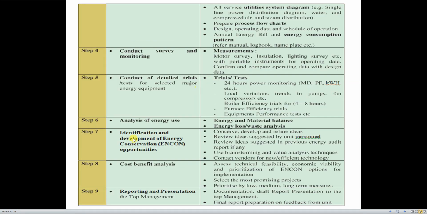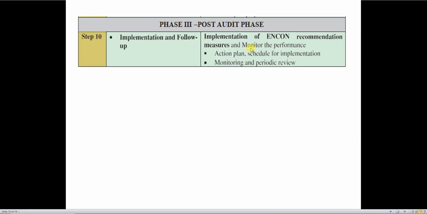Whatever devices or technologies you have suggested to replace should be implemented at step number 10. And you have to monitor whether it is being implemented or not, whether it is compatible or not, and you have to see the action plan, the schedule for implementation, and monitor with periodic review.